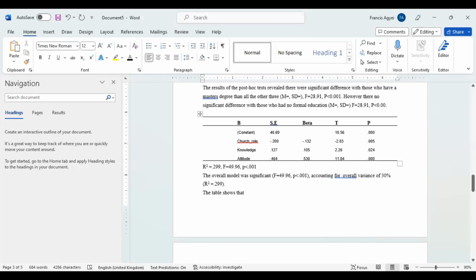So church was significantly predicted positive. Let's see, is it positive?